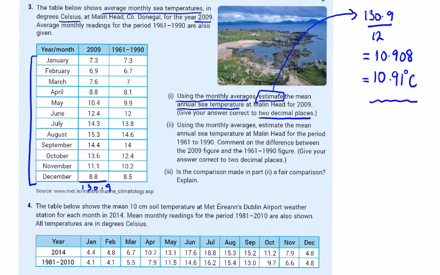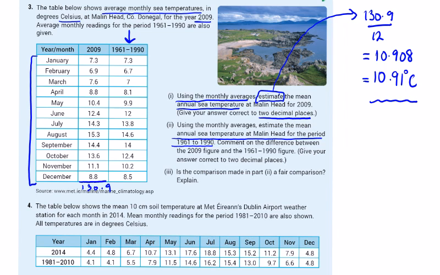Using the monthly averages, estimate the mean annual sea temperature at Mallinhead for the period, this second column that's given to us, 1961 to 1990, and comment on the difference between the figures.